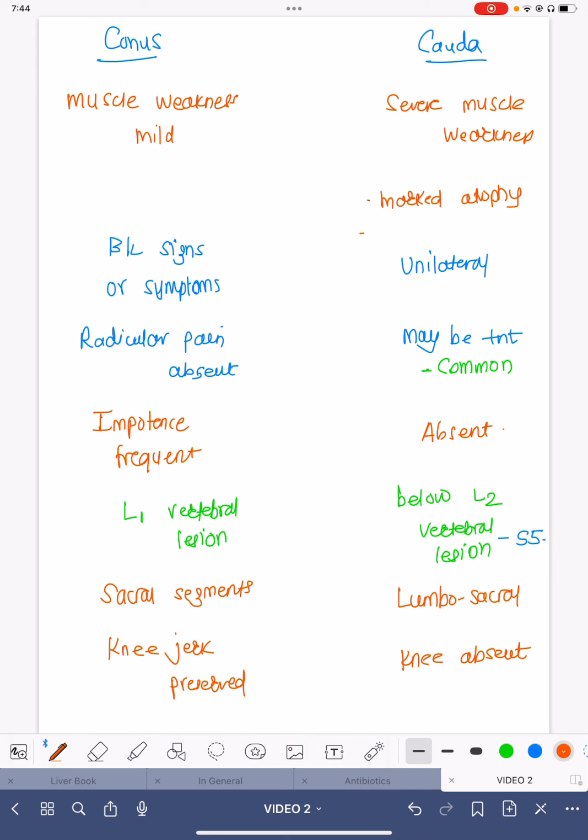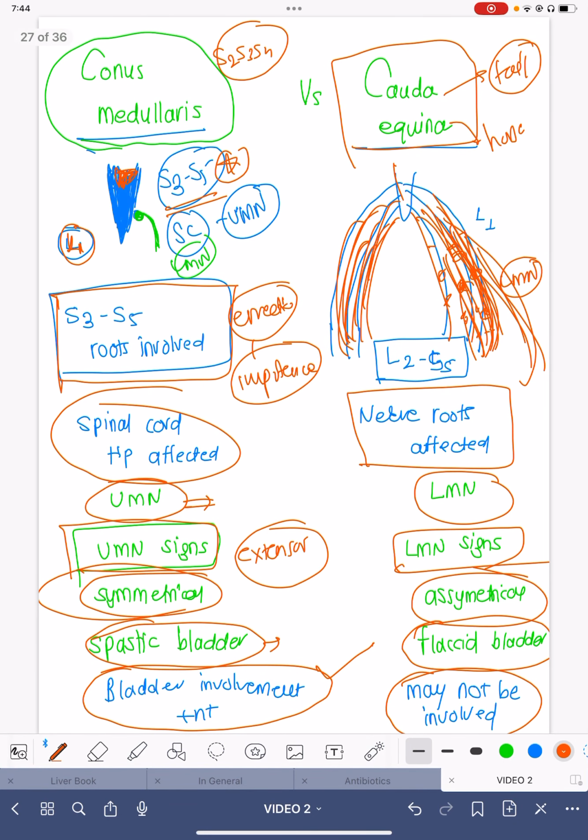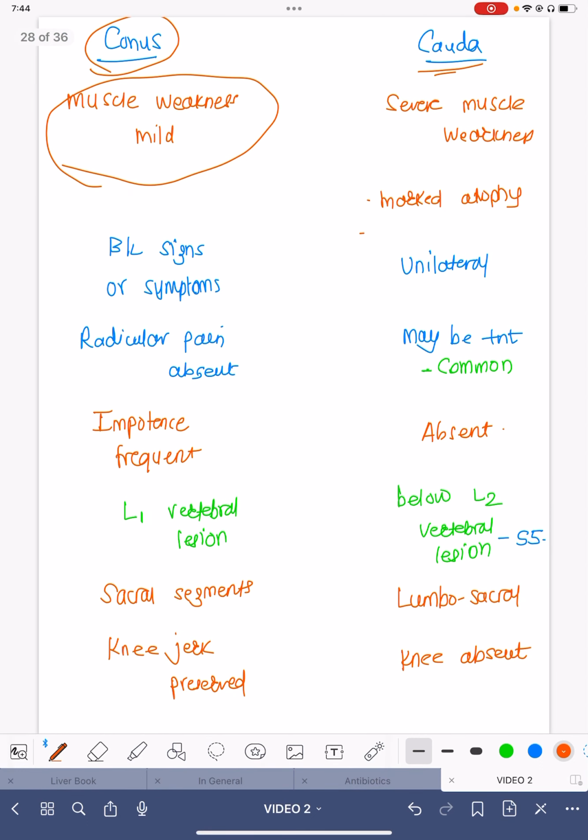In conus medullaris, muscle involvement or weakness is very mild, whereas in cauda equina, L2, L3, L4, L5, S1, S2, S3 are involved very commonly. We know that the lower limb muscles, that is thigh muscles, calf muscles, and foot muscles, are supplied by lumbar 2, lumbar 3, lumbar 4, lumbar 5, and onwards.